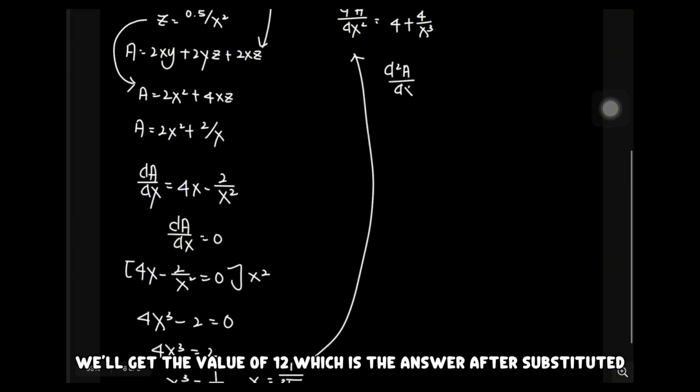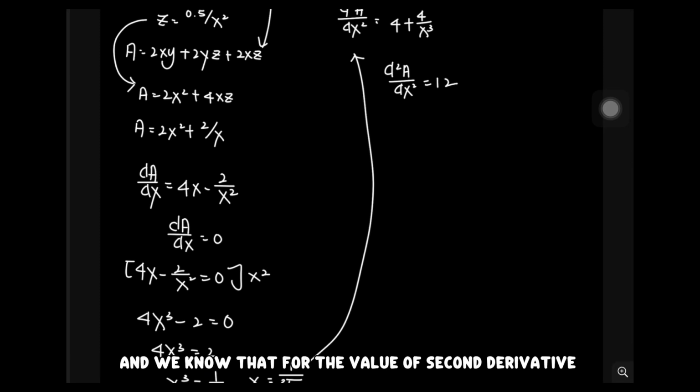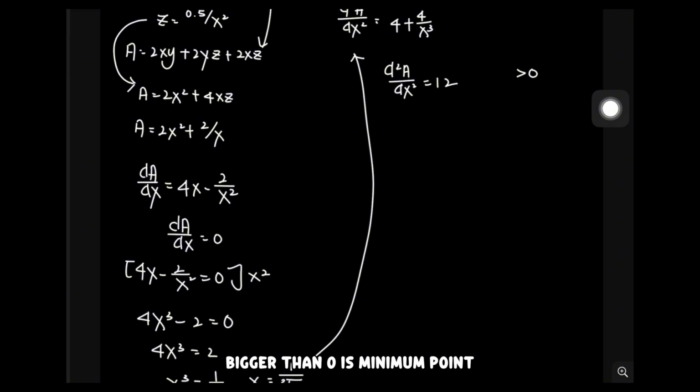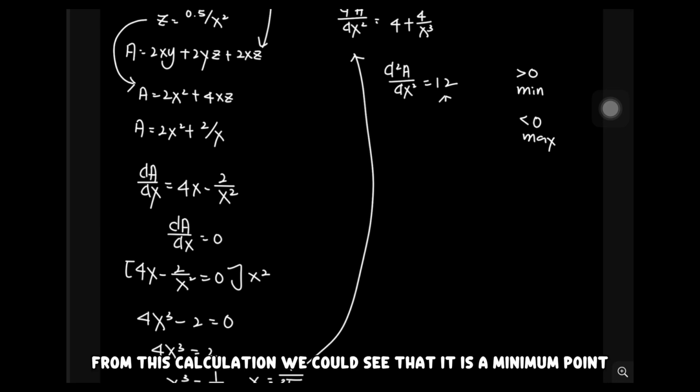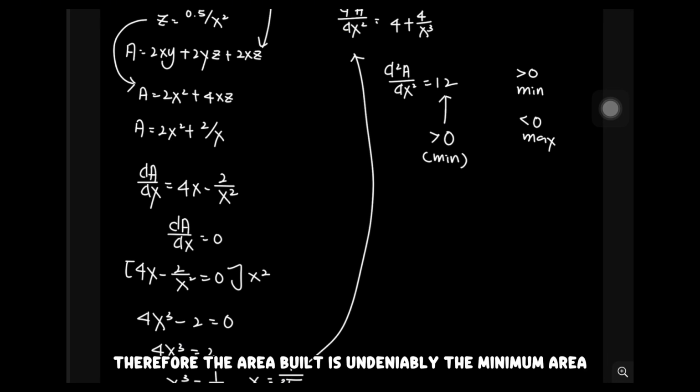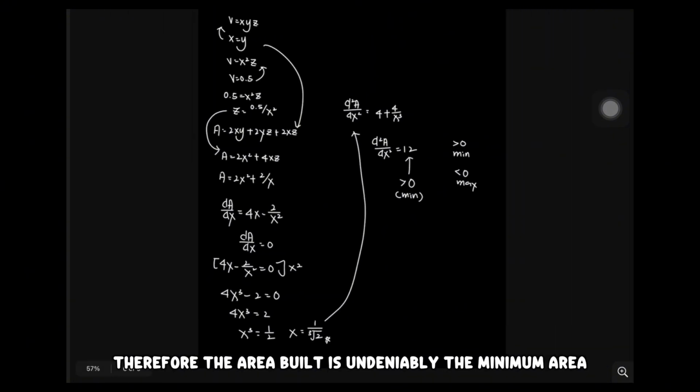We will get the value of 12 after substitution. We know that a second derivative bigger than 0 is a minimum point, while a second derivative smaller than 0 is a maximum point. From this calculation, we can see that it is a minimum point. Therefore, the area built is undeniably the minimum area.